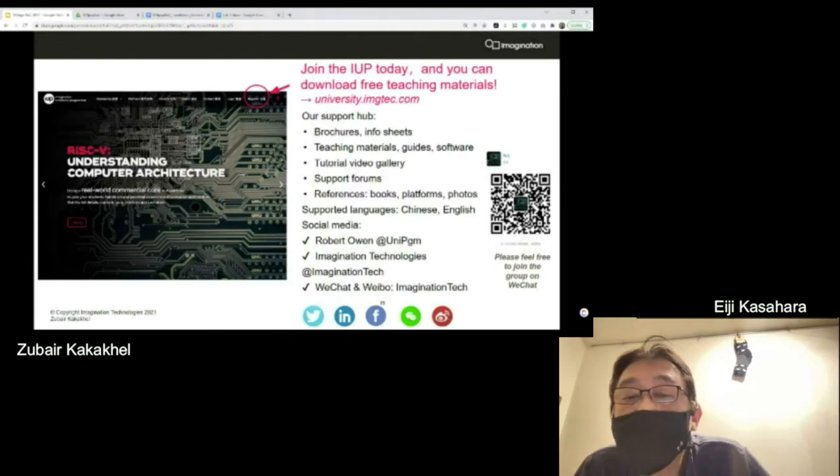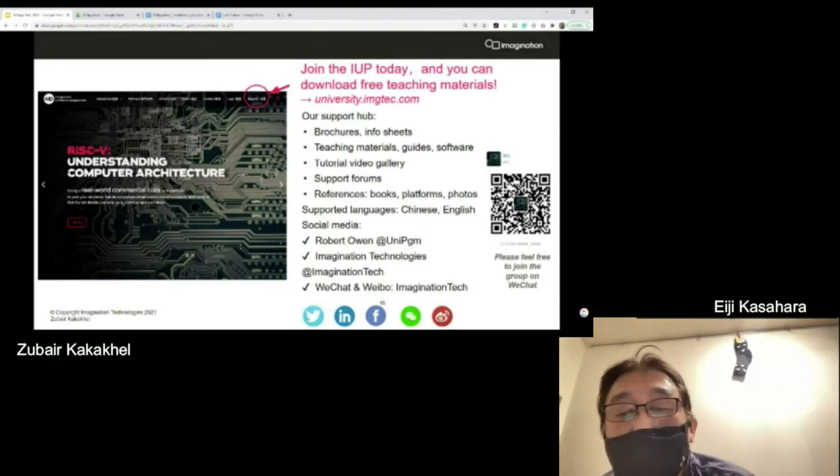Is there a public URL where we can browse and preview the various lab material without registering? I don't think so. But with registration, there's no major barrier.